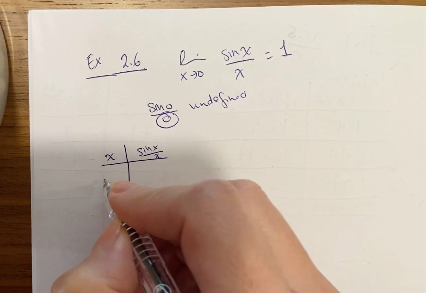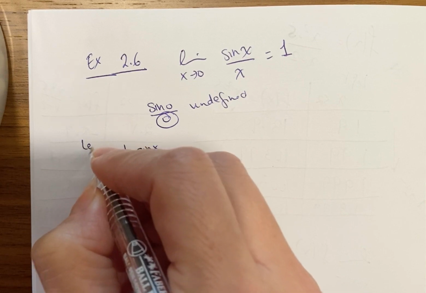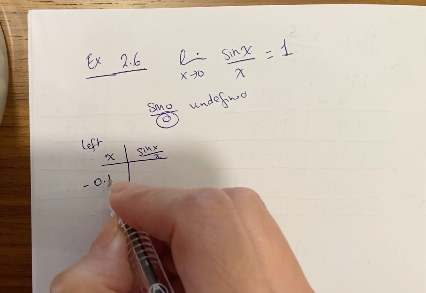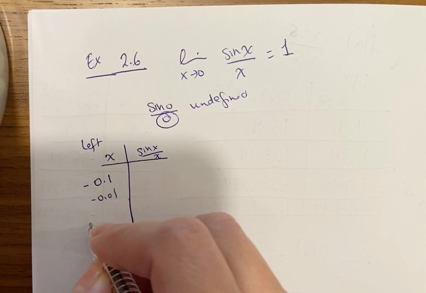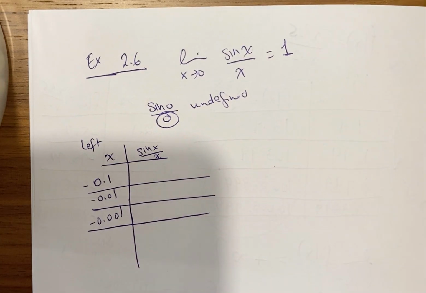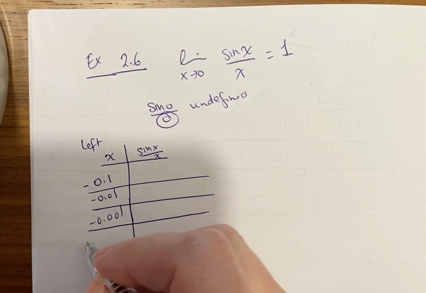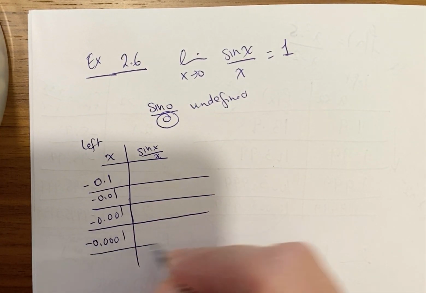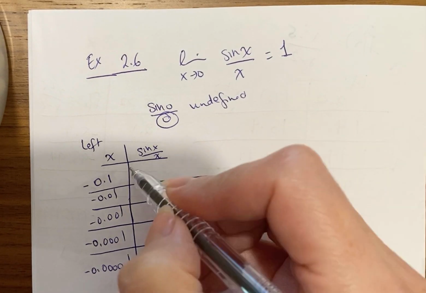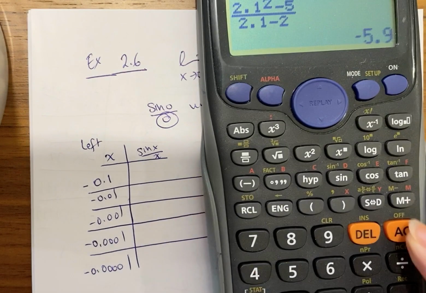As x approaches 0 from the left, like minus 0.1, minus 0.01, minus 0.001, minus 0.0001, minus 0.00001, we take them on the calculator to sine x over x.